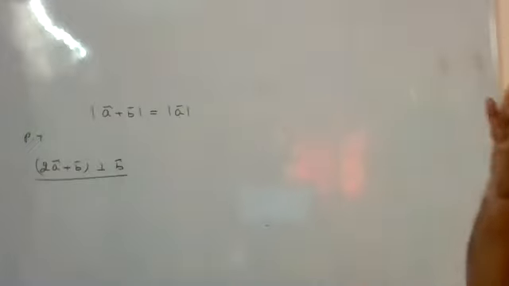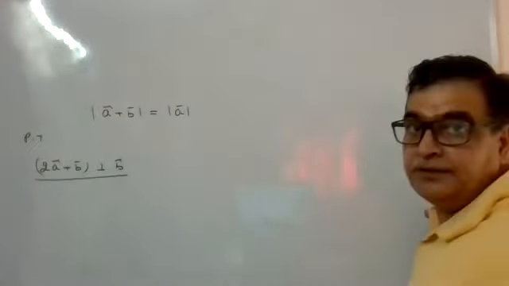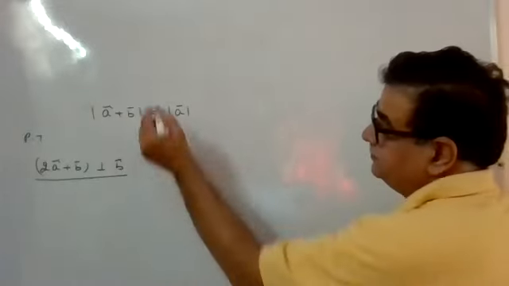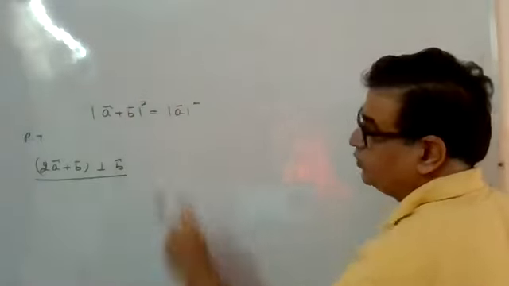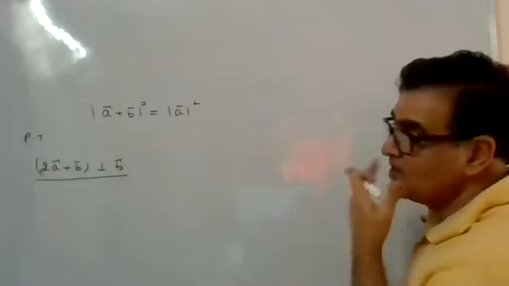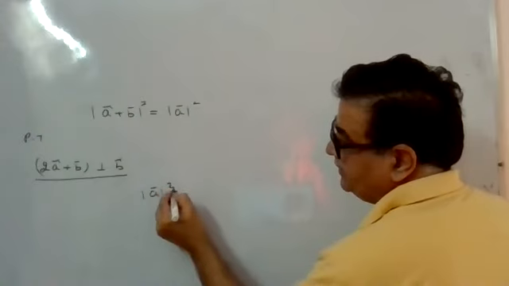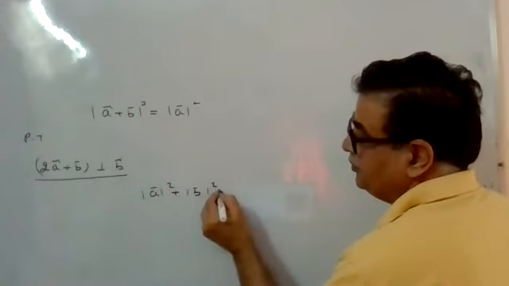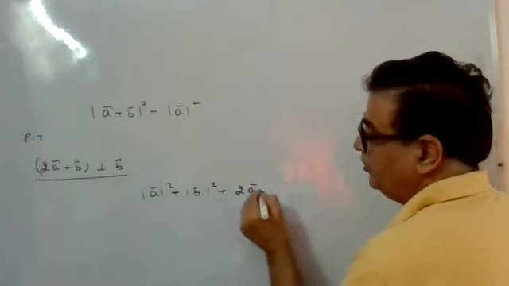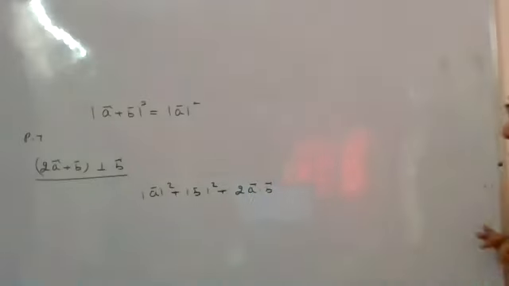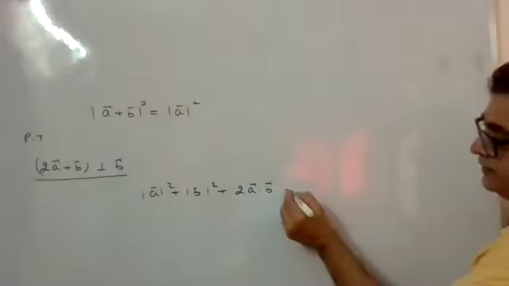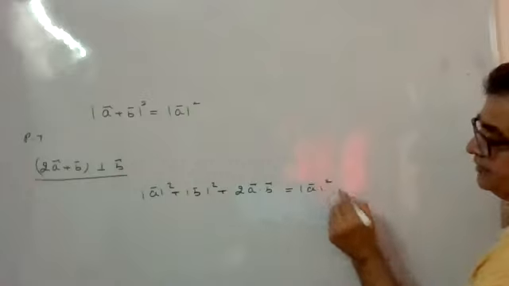Yes, please. Tell me, how to do it? Anyone? How to start? Square here, square here. Now solve it. Magnitude of A square plus magnitude B square plus twice of A dot B. Does it come out to be magnitude A square?